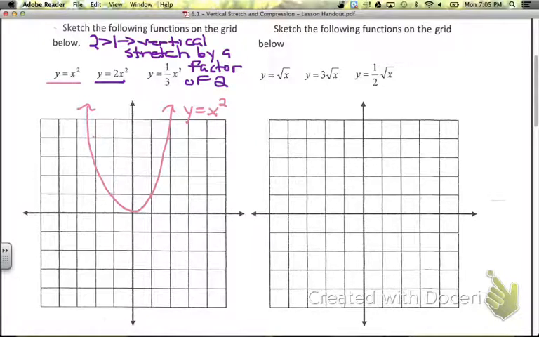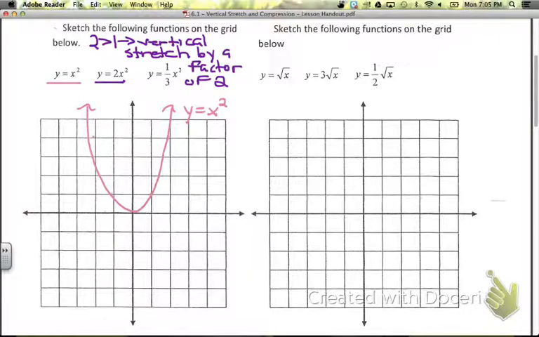So when we graph this, it's going to look skinny. Our vertical stretch and compression affects the y coordinate of each point.